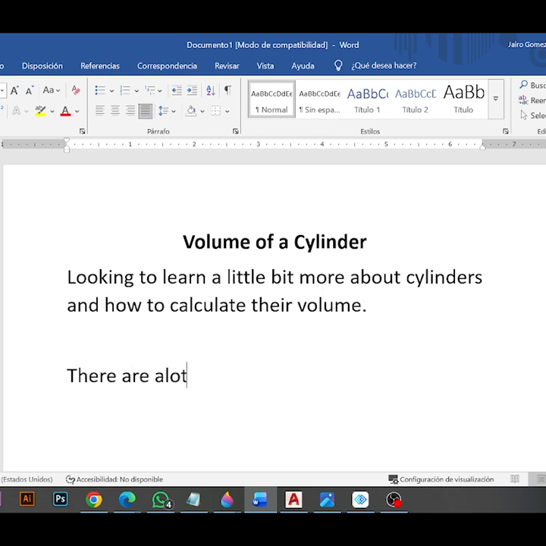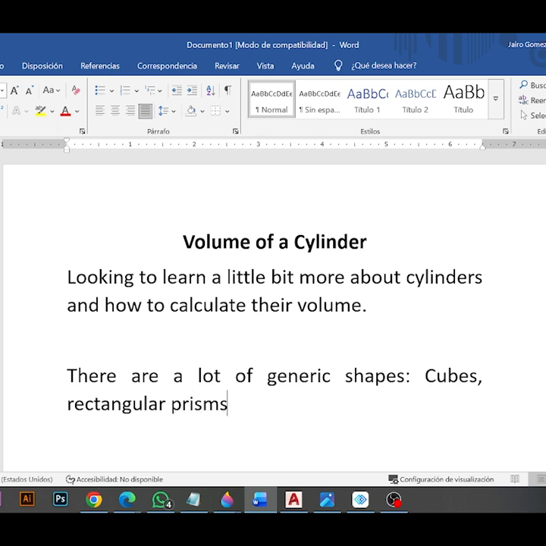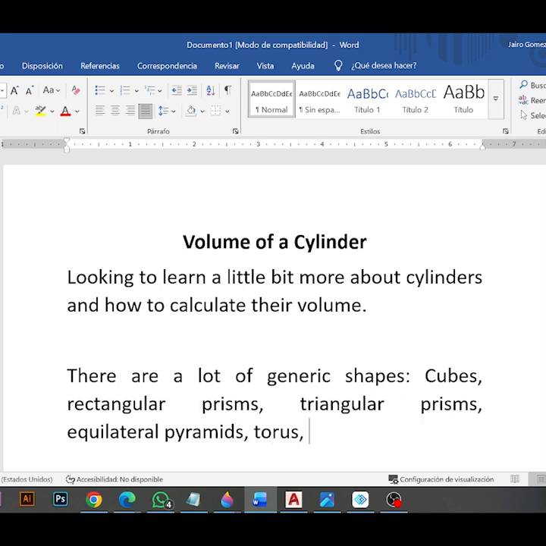There are a lot of generic shapes, such as cubes, rectangular prisms, triangular prisms, equilateral pyramids, torus, spheres, amongst others.